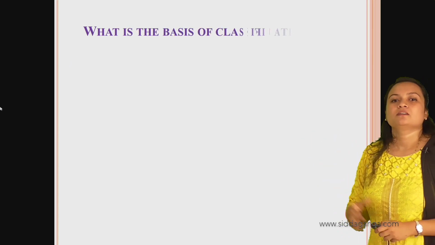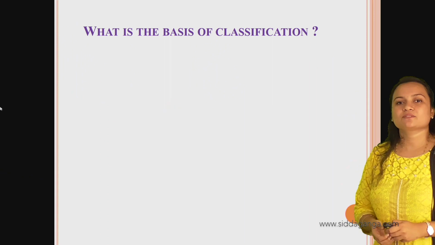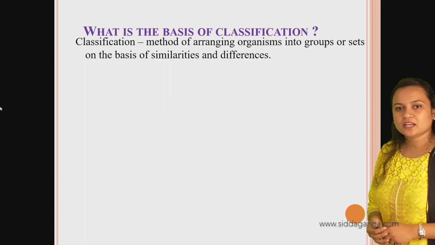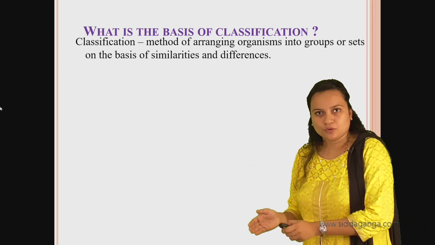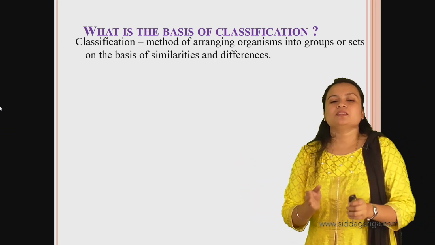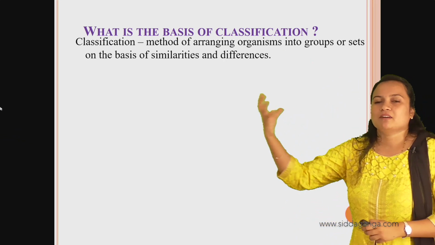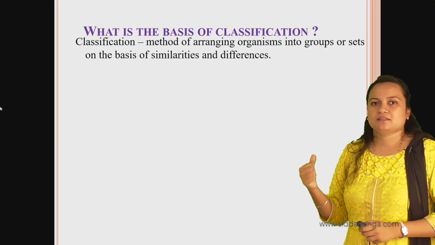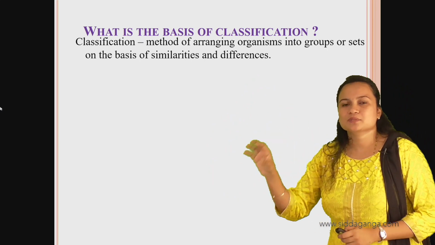So here we must study the basis of classification. So what is classification? Classification is the method of arranging organisms into groups or sets on the basis of differences and similarities. Okay, I already said we must group organisms to study them, right? To study the organisms in the group.